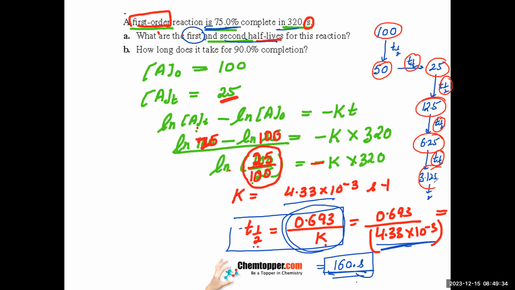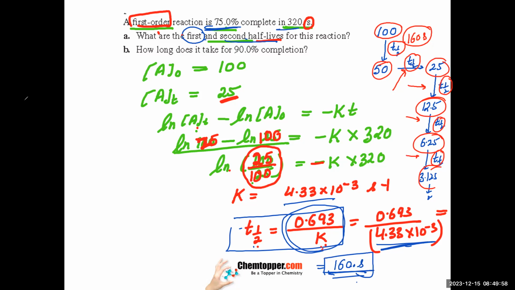But for the first order kinetics, if the half-life is 160 seconds here, it's going to be 160 here, and 160 here, because it does not depend on the initial concentration.